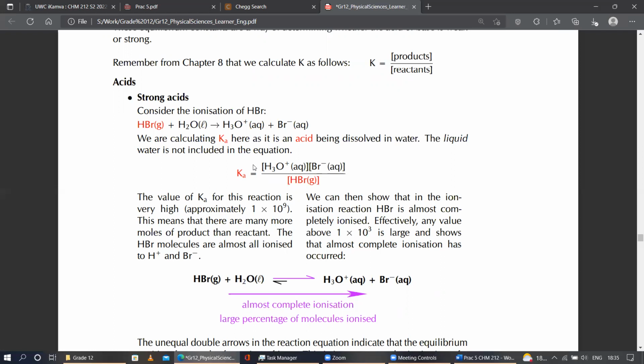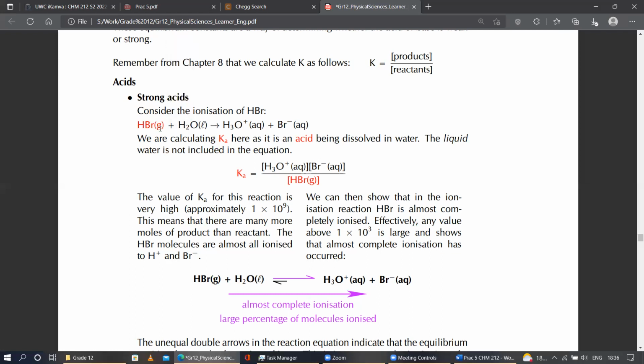The ionization constant, which is going to be our Ka, is basically in this equation. This is our only product, because if you remember from Kc, only gases and aqueous molecules are considered when measuring Kc. So the water, which is a liquid, or anything that is solid, is going to be disregarded.